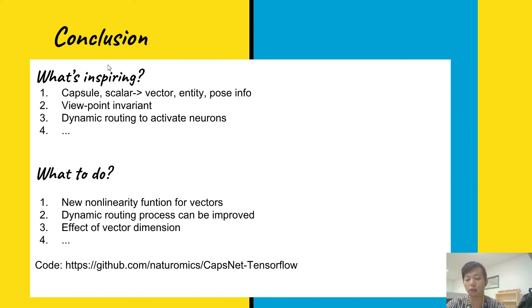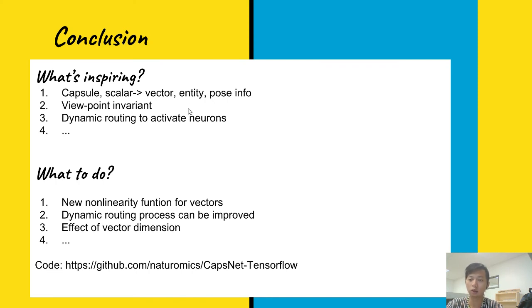For example, the definition of capsule: changing the scalar output to a vector output, and enforcing information like entity and pose orientation in the vector. It's kind of a coordinate frame concept.